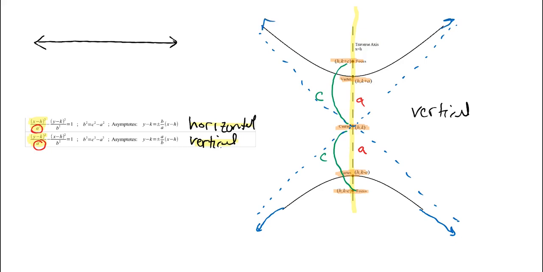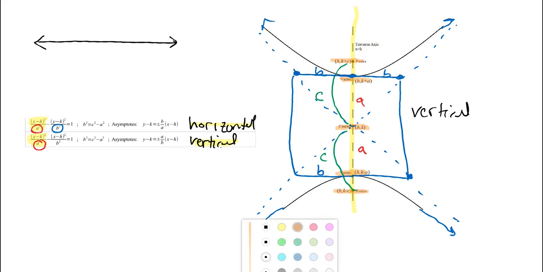If I were to draw from the vertex over to the asymptote where they meet, that would be a value of b. And b is on this part of the equation here. So from the vertex to that asymptote is b. We can do it with the other vertex as well. So it kind of creates a little box here.